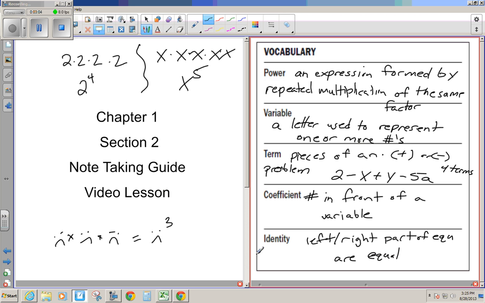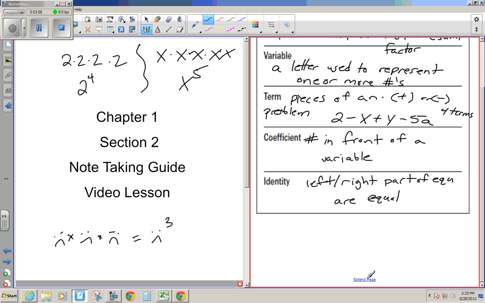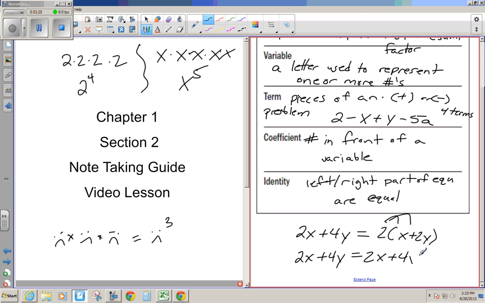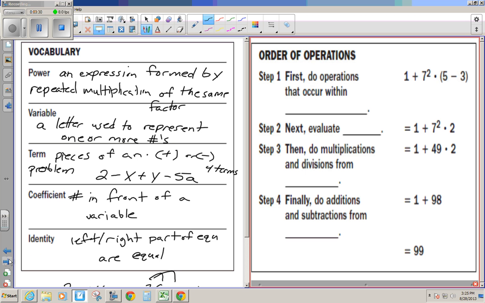So like this is an example of it. 2x plus 4y equals 2x plus 4y. This forms an identity because you distribute. They are equivalent, therefore they are the identity of one another.